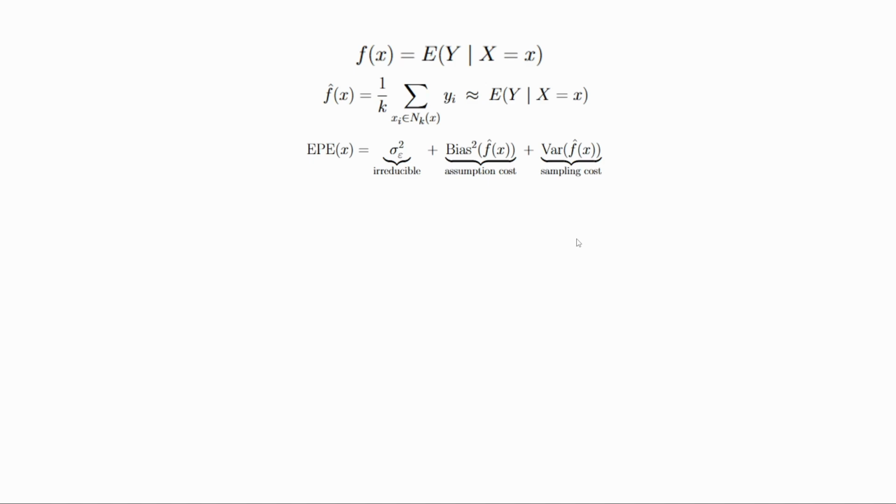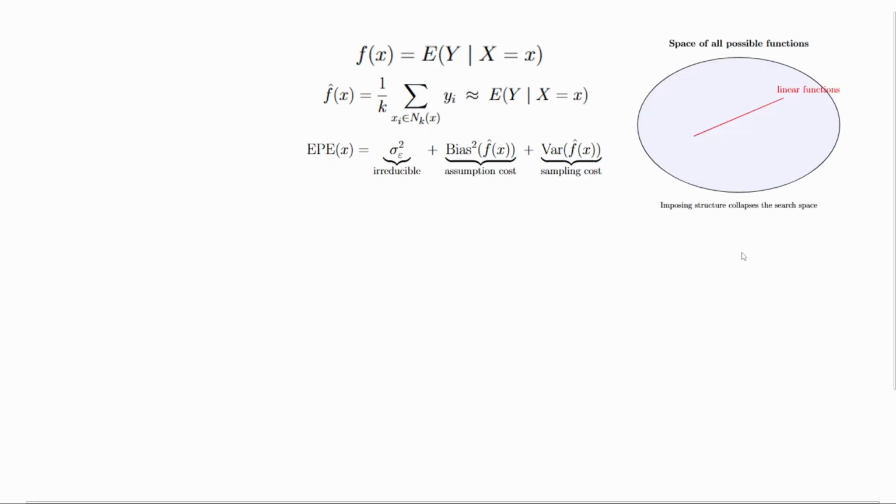So you give up some correctness for a massive reduction in how much data you actually need to make that prediction. Here's a schema of what I mean. The space of all possible functions is huge, but as soon as you impose some structure, that search space greatly collapses, and you only need to search in this space.